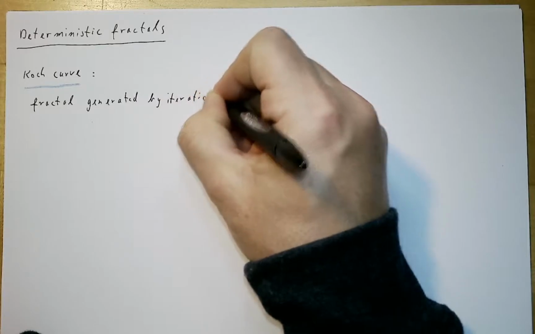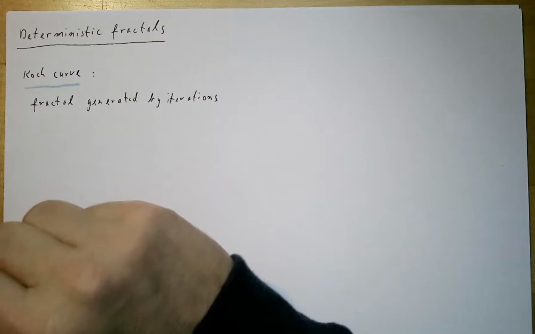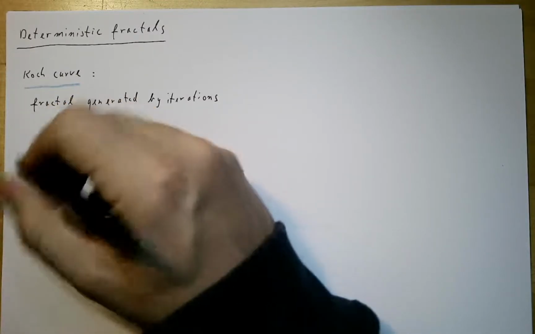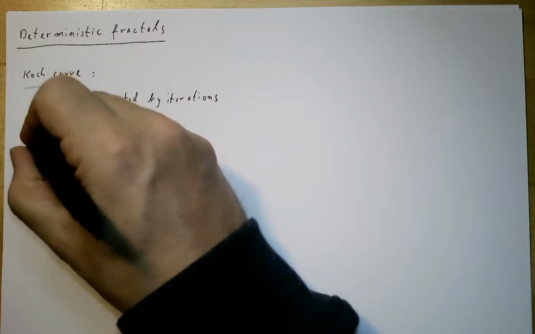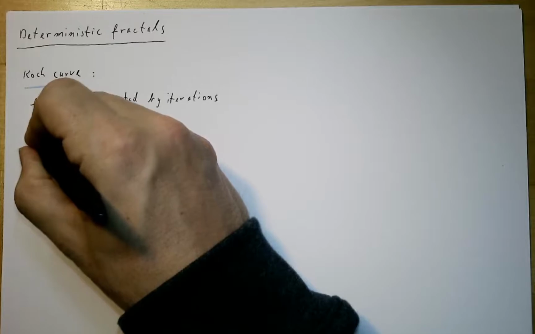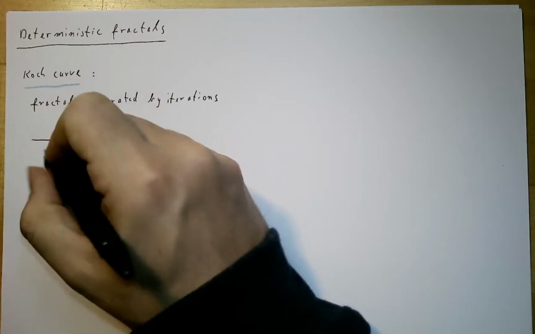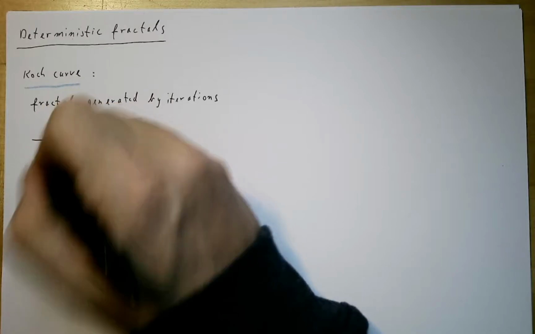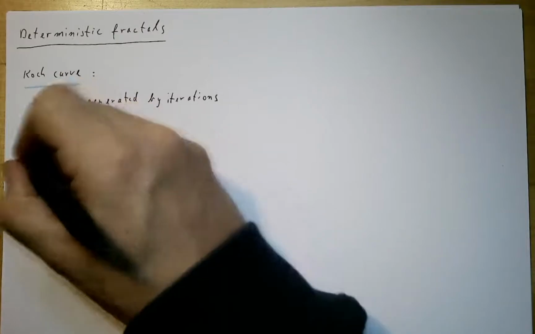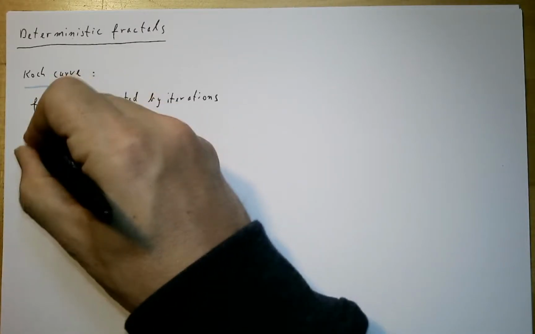And so there are many variants of all these deterministic fractals, and they all start with a starting object. So in the 0th iteration, the starting object is just a small line segment of length 1. So that's the 0th iteration of this object, and it has length 1.